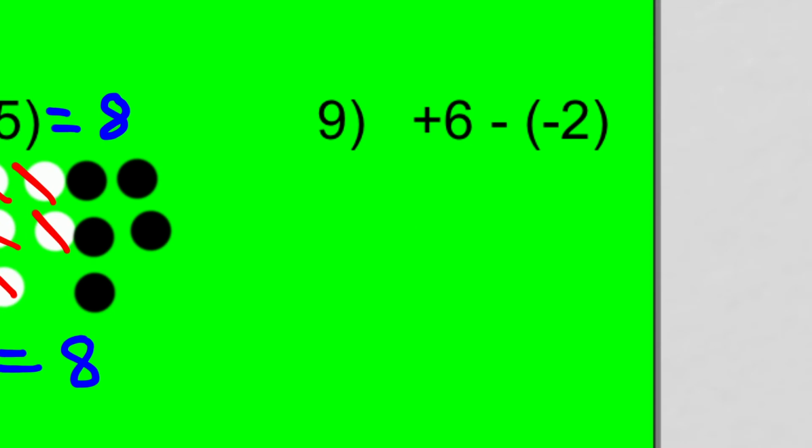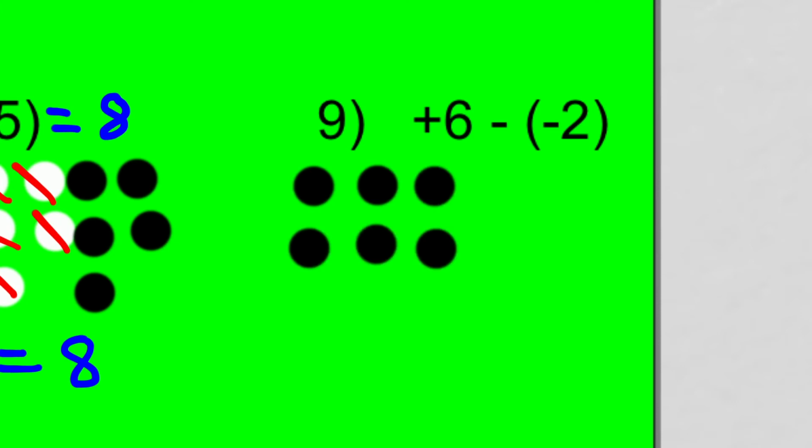Do one more. Positive 6 take away negative 2. Well, let's model out positive 6. 1, 2, 3, 4, 5, 6. I want to take away negative 2. The problem is I don't have 2 negatives to take away. So the first thought is to add 2 negatives, but that's not what the question says. The question says take away 2 negatives. So I want to make negative 2 appear without actually having 2 negatives.